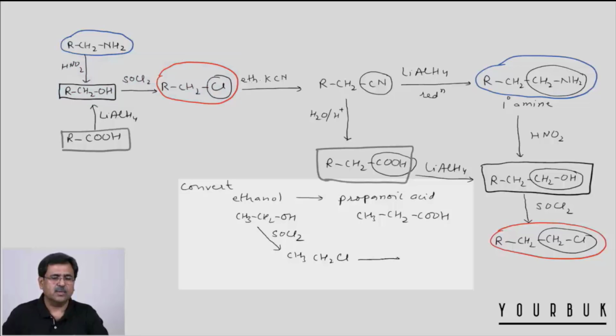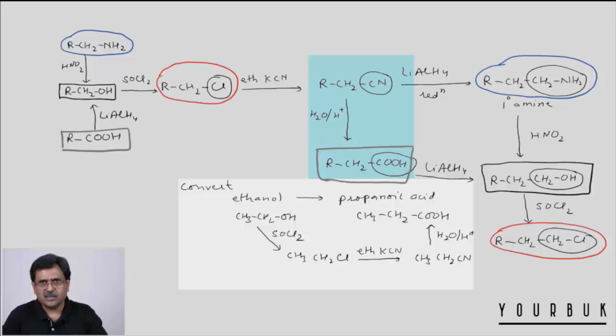Then we use ethanolic KCN and we increase the carbon atoms. And then we hydrolyze this using H2O in the presence of acid. So via this sequence of steps, you can convert ethanol into propanoic acid, but this is a very, very important flow chart and you can perform a number of conversions with the help of this.